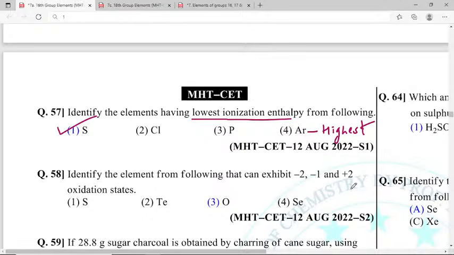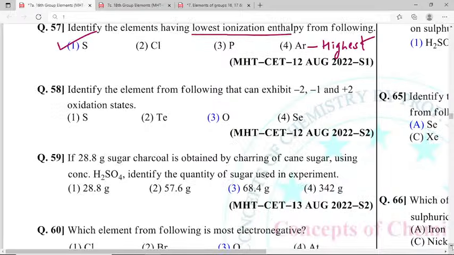Identify the element from the following that can exhibit -2, -1 and +2 oxidation state.